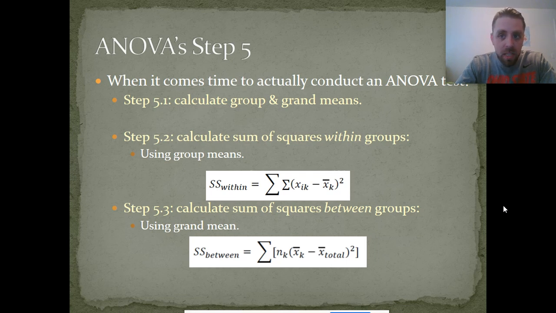All of your groups have the same size here, so n_k will always equal 8. And then I sum those 3 values together, and that gives me the sum of squared deviation between the groups. So you can see for sum of squares within, I need to do 24 different little math problems. For sum of squares between, I only have to do 3, because that's how many groups I have. If I had 4, I would have to do 4.